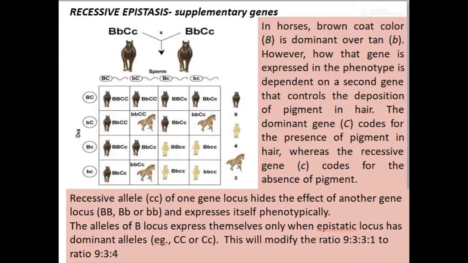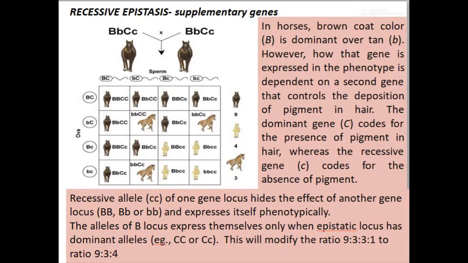So dear students, let's continue with epistasis. We had mentioned the dominant epistasis, and now I'm going to talk about recessive epistasis. As we all know, recessive epistasis is a condition in which a recessive gene is controlling the expression of a non-allelic gene.